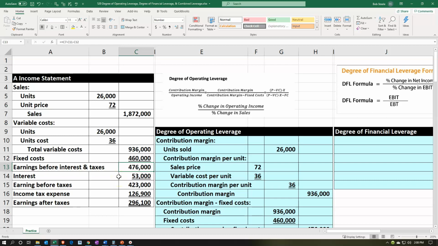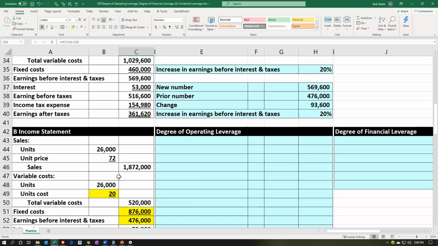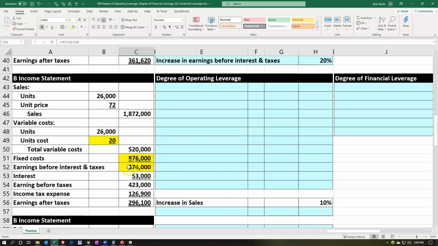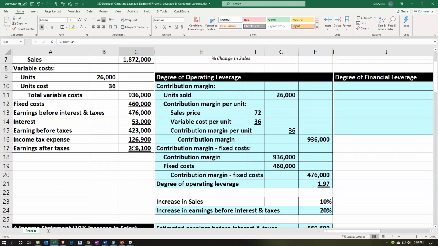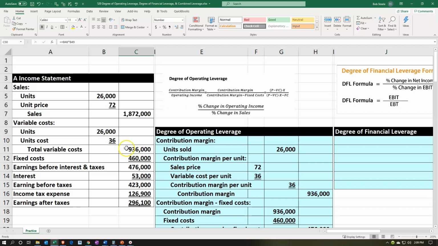Let's move on down to scenario B here, where we still have the earnings before interest and taxes at the 476,000. However, there's a change now between the variable costs. The variable costs here have now gone down. See if we go up top, they've gone down, and the fixed costs now are going up.